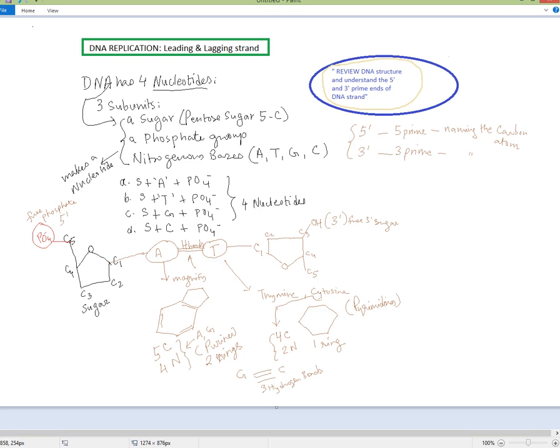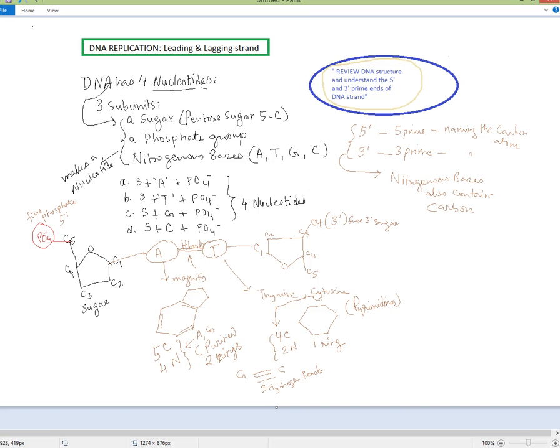Why do we add prime, why do we say prime, not just 3 and 5? The reason is, like we discussed a little bit earlier, the nitrogenous bases also contain carbon.